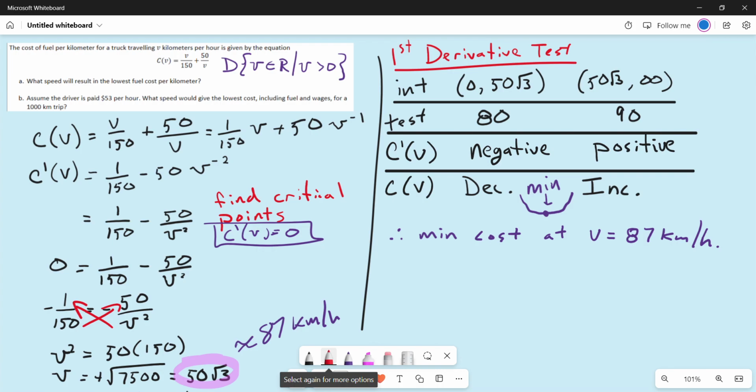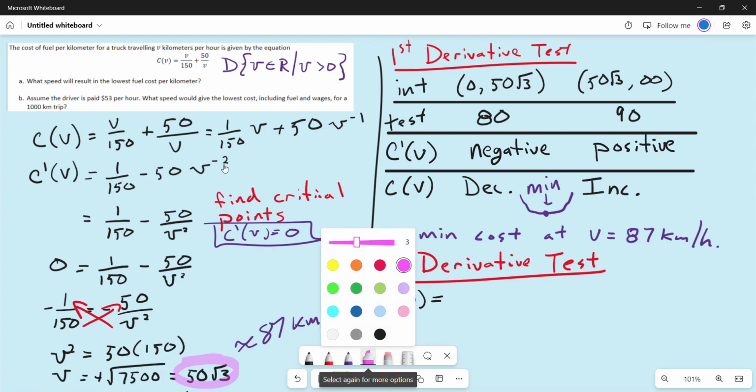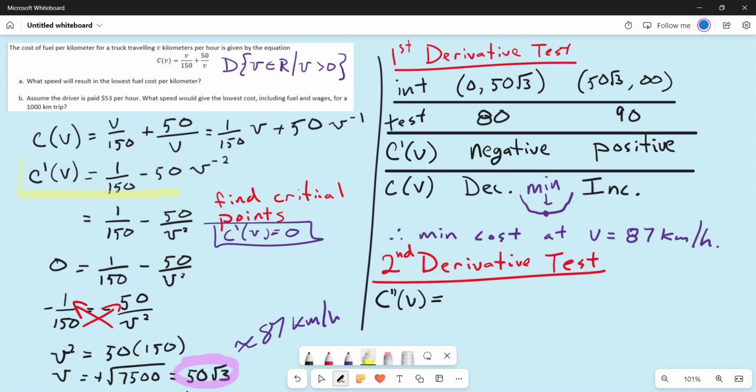Sometimes it's a bit longer, and so we can do our second derivative test, especially if the second derivative is easy to find. So for our second derivative test, we need a second derivative. We take our C double prime, and let's take a look at the original, the yellow highlighted part.